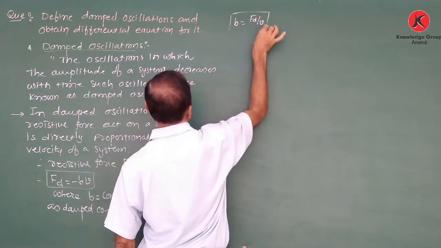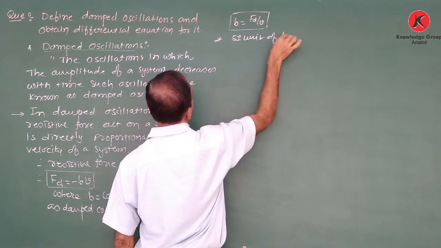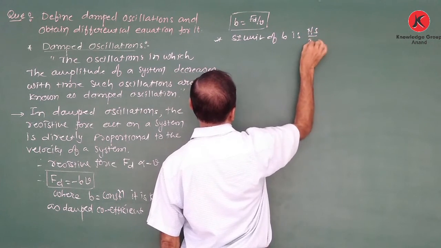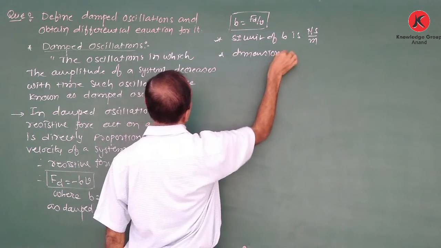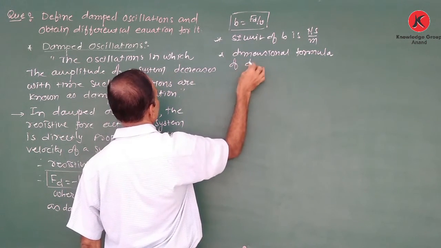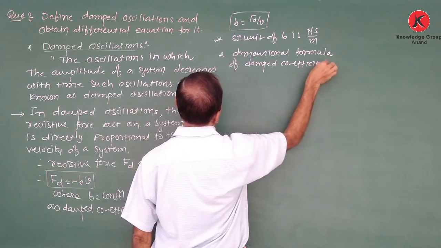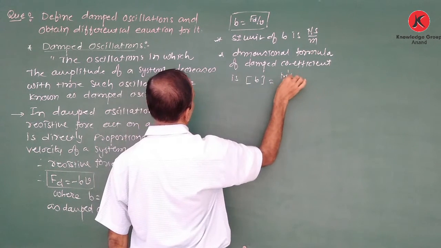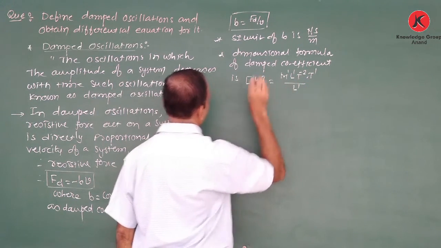The SI unit of the damped coefficient b is newton second per meter, and the dimensional formula of the damped coefficient is: b is equal to newton, M1 L1 T minus 2, into T1 upon L1.